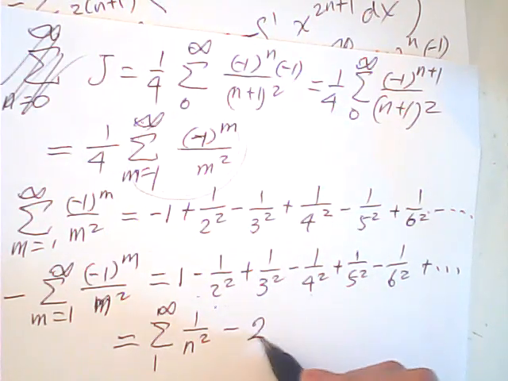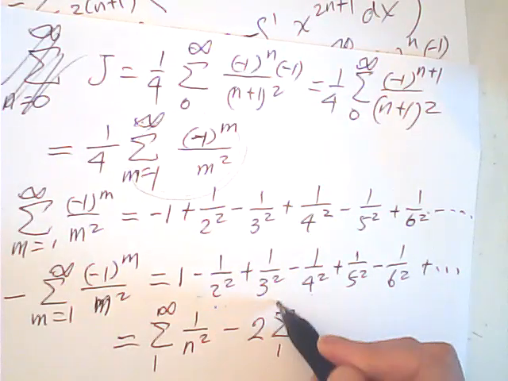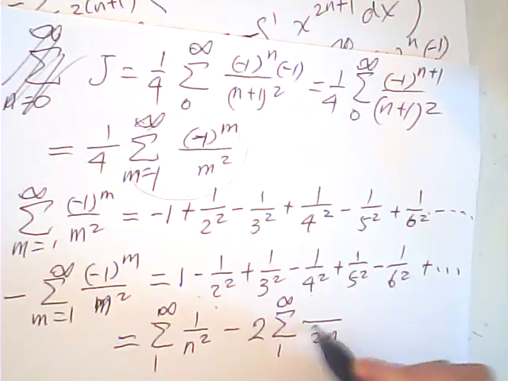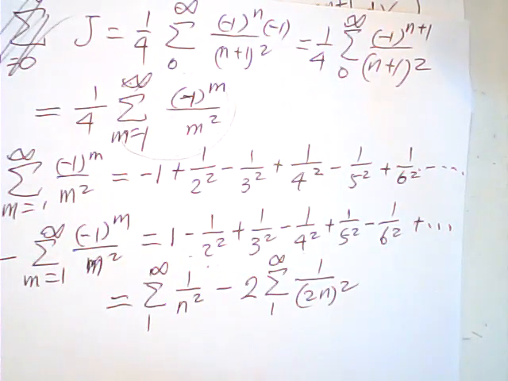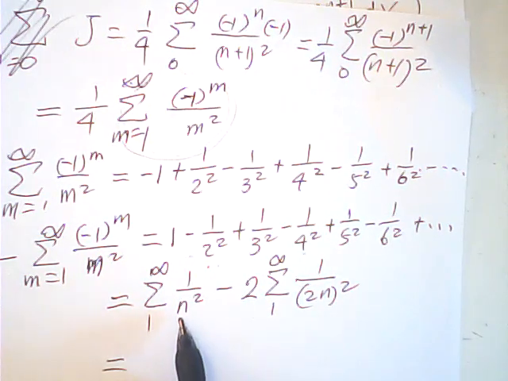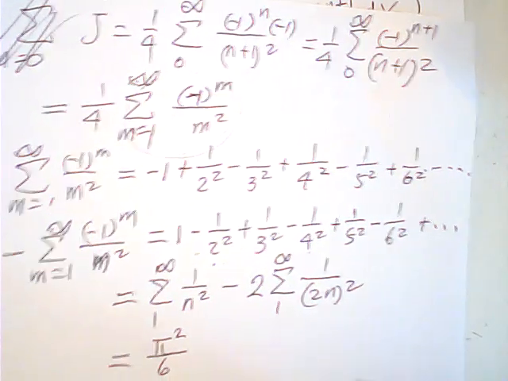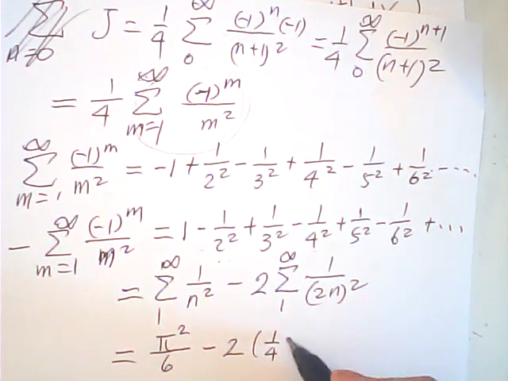You have to take a 2 series of reciprocal of even numbers. Yeah. So this one we know. This one is a Basel problem, minus pi squared over 6. Minus 2.